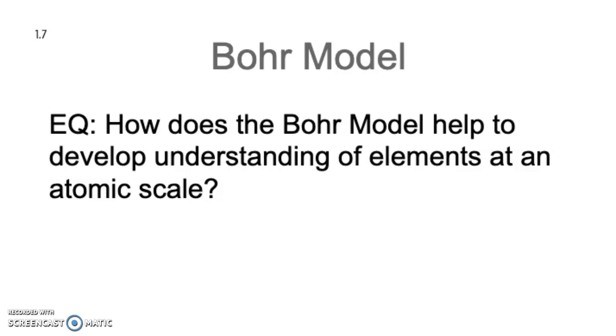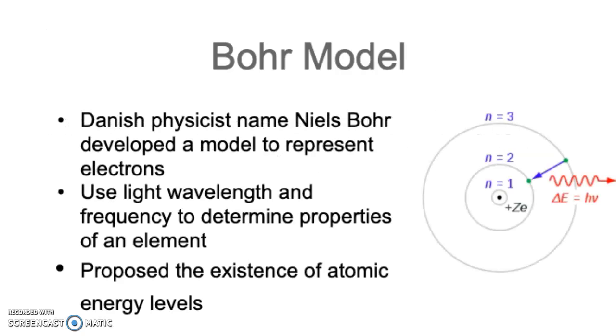All right, so today we're covering the Bohr model, and our essential question is, how does the Bohr model help to develop understanding of elements at an atomic scale? So this Danish physicist named Niels Bohr developed a model to represent electrons around an element.